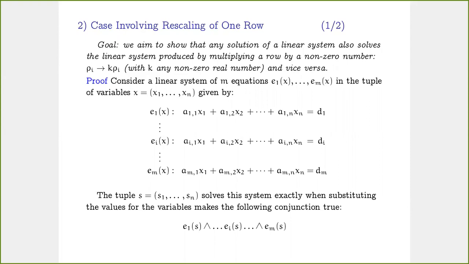And they solve the system exactly when substituting the values for the variables makes the following conjunction, or logical AND, of m propositions true: E1 of S is true, E2 of S is true. That is, S solves the first equation, S solves the second equation, S solves the ith equation, and S solves the last equation, E sub m.